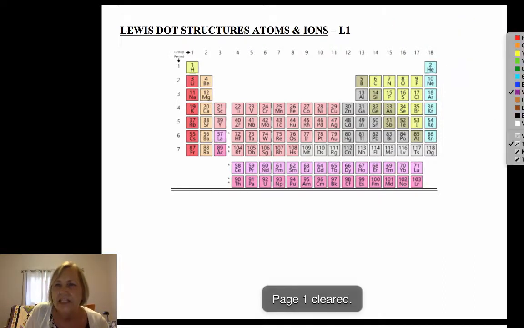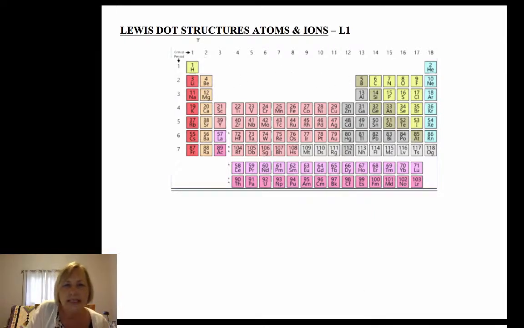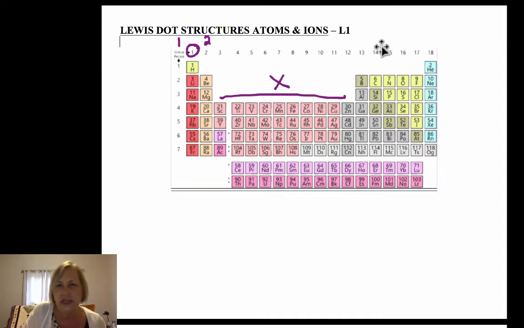Now, your valence electrons are your outer s and p electrons. But we find that the group number is helpful in getting us our valence electrons. Group number 1 has 1. Group number 2 has 2. I don't think that valence electrons are meaningful personally for transition elements.